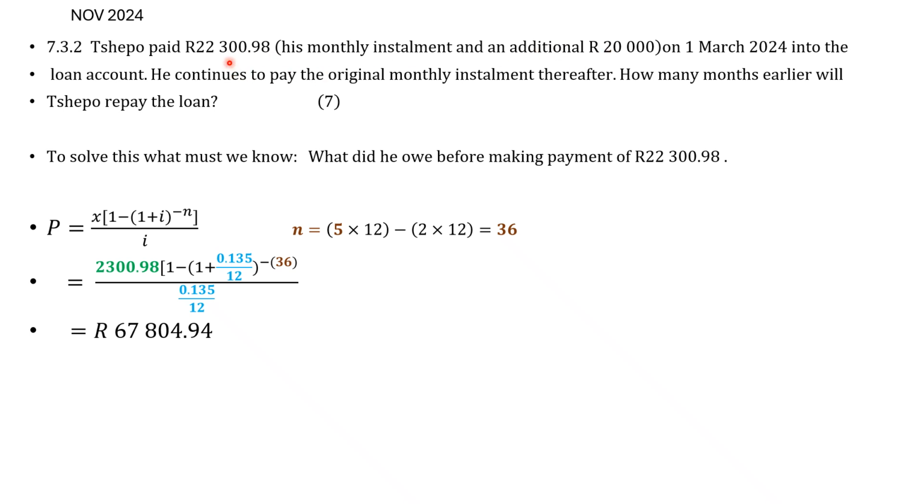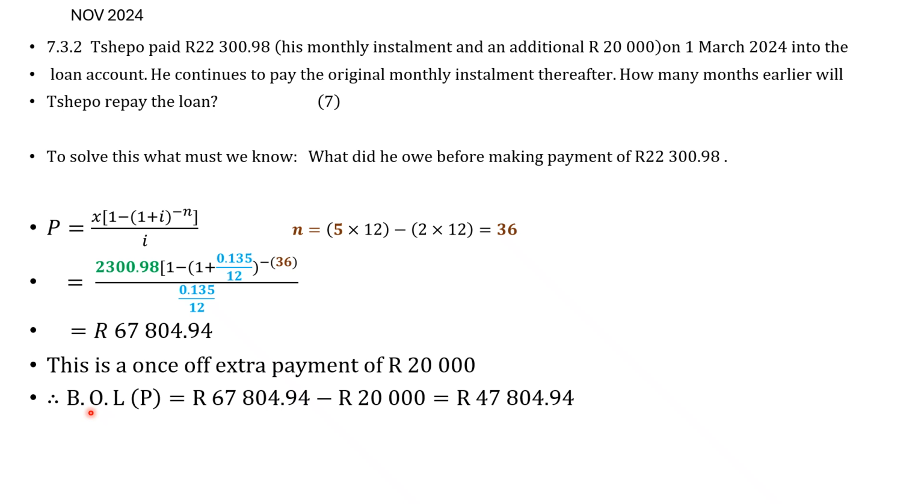We subtract 20,000 from this total, so the balance outstanding after a once-off payment of 20,000 is 67,804.94 minus 20,000, which equals 47,804.94. Now that payment is made, his new P value is 47,804.94.